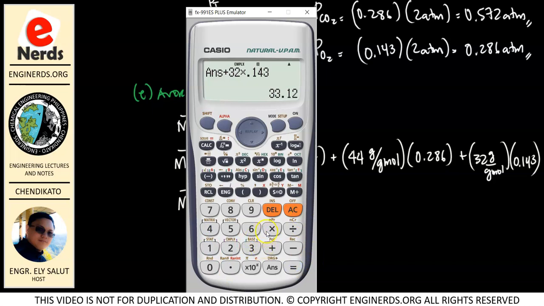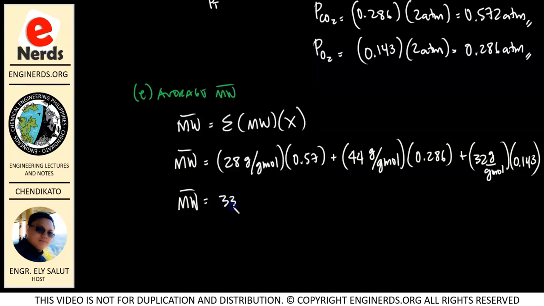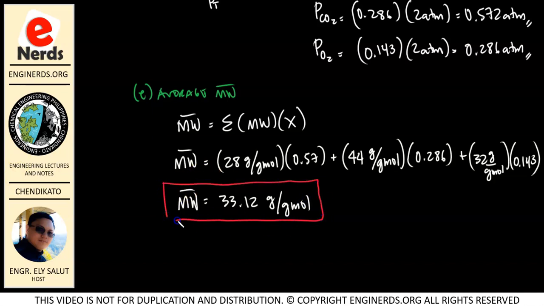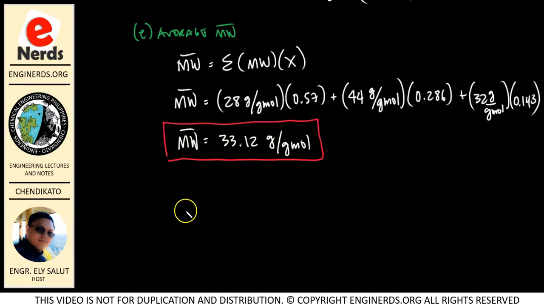So we have 33.12 grams per gram mole. Okay, so ito yung average molecular weight ng ating gaseous mixture. Okay, so ganyan ang pagkuha ng average molecular weight, guys.